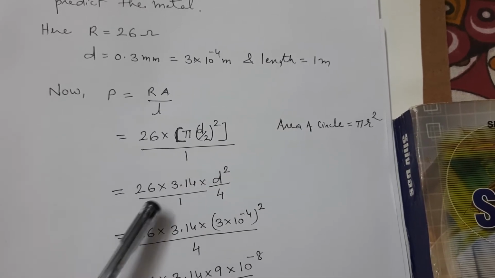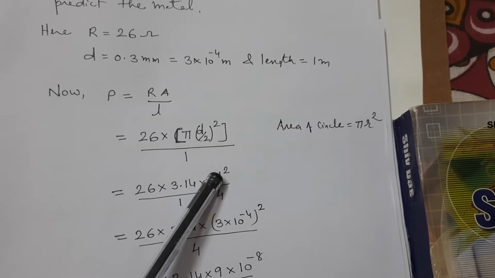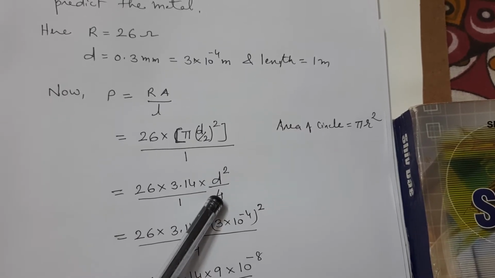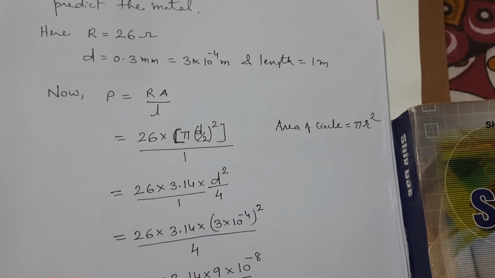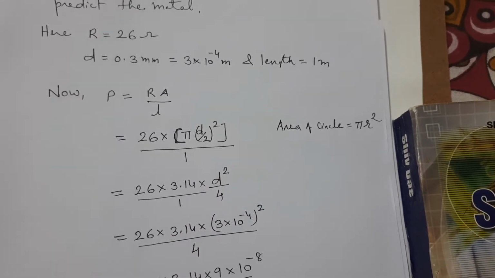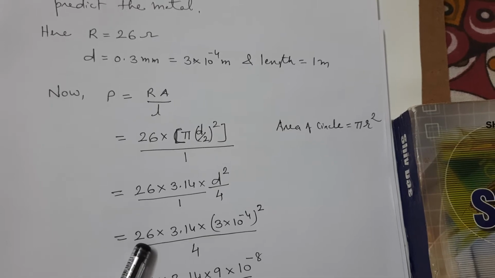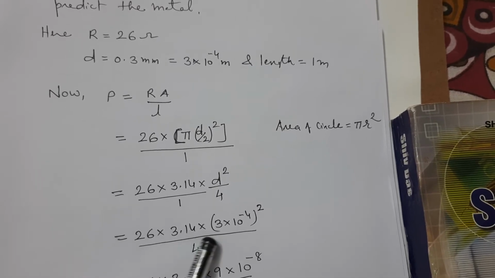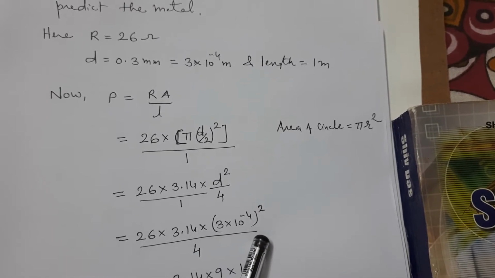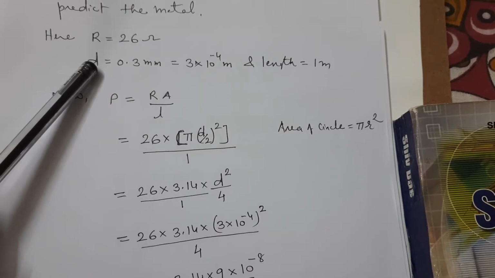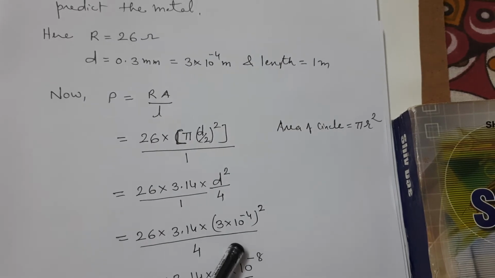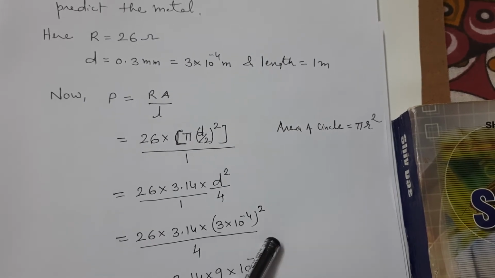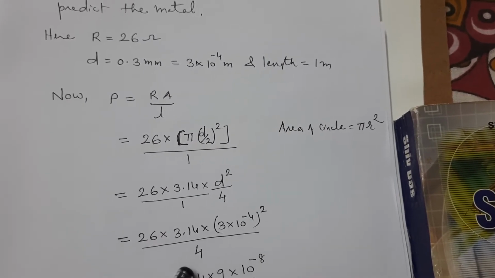So 26 into 3.14 into d square upon 4, because d by 2 whole square becomes d square upon 4. Now we place the value: 26 into 3.14 into 3 into 10 raised to minus 4, whole square, upon 4. Diameter is 3 into 10 raised to minus 4.